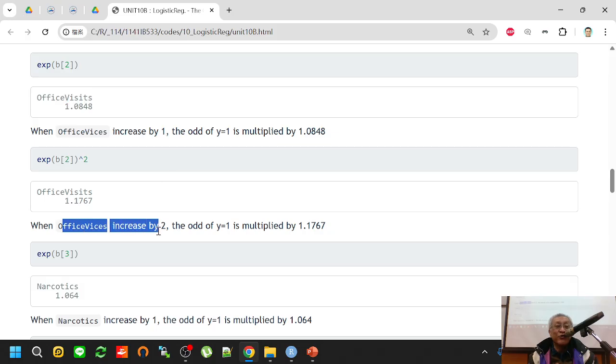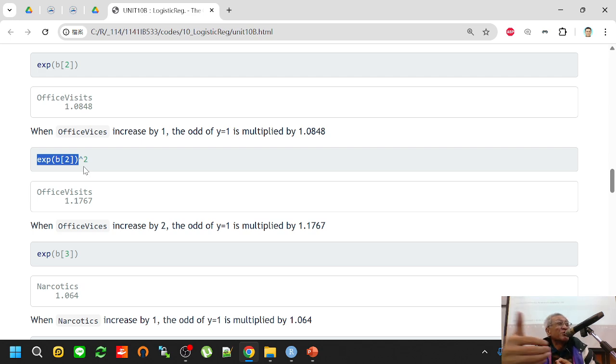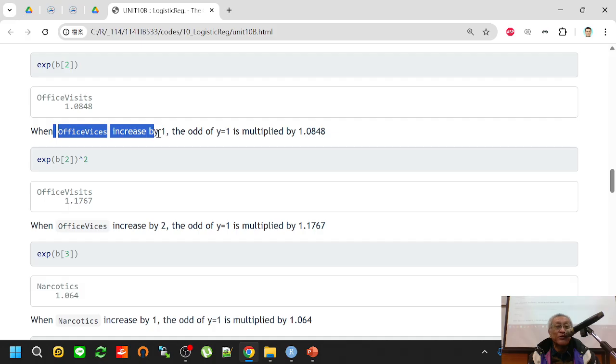Okay, so if the office visit is increased by 2, then we actually have to do a square, right? Because it's multiplied, right? It's no longer addition, right? So it's kind of like the effects multiply to one another, right? So when it is increased by 1, the odds of y is multiplied by the exponential coefficient, okay?